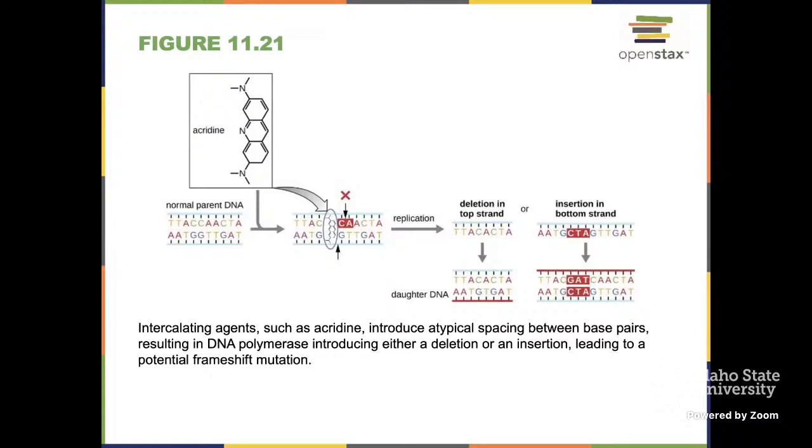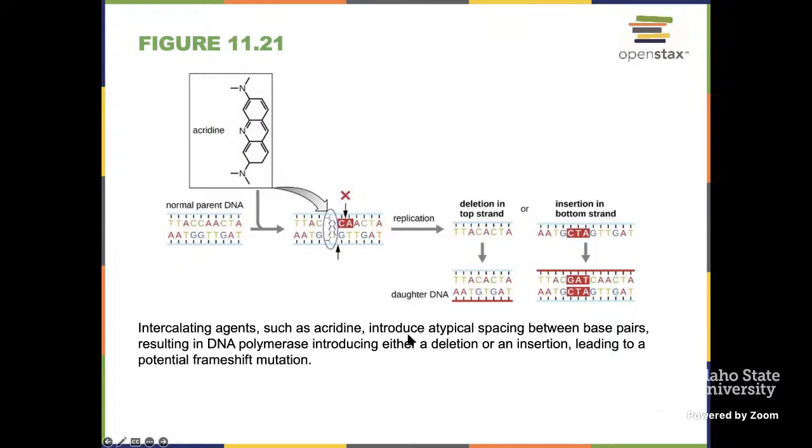There are other molecules that we could also think of as mutagenic agents that get into the DNA and cause issues within the sequence itself. Intercalating agents, acridine is a type of dye. We showed some of those fluorescent things. Acridine is a dye that will get in and do staining. Ethidium bromide we use for staining DNA as well.